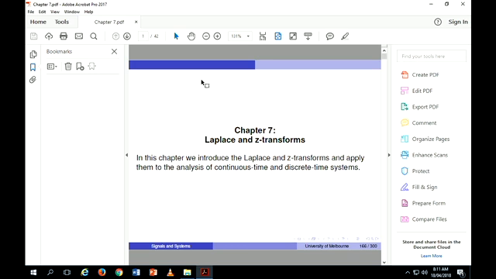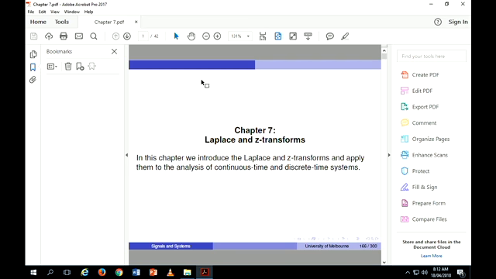So let's keep this, and let's look at something about the Laplace transform. What the Laplace transform is doing is the same thing: I only consider the signal from 0 to infinity.